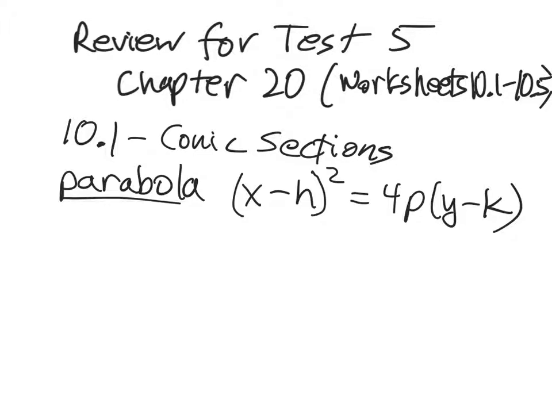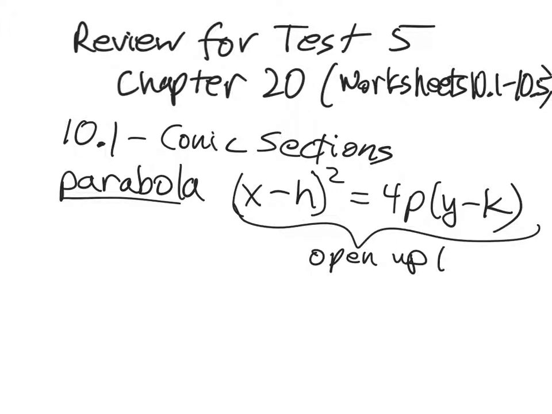The others are very similar, but with the parabola we're used to it a little bit more: y equals x squared. That opens up, so this form would open up or down, and it opens up if p is positive, opens down if p is negative. So that's all determined by the sign of p.